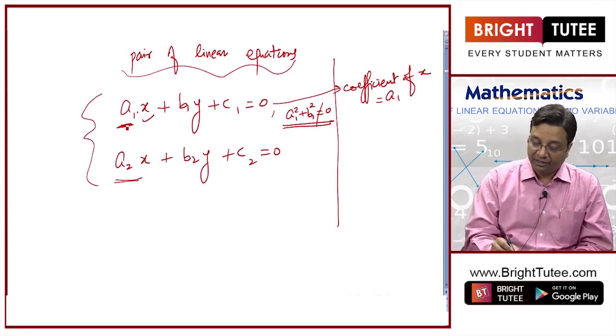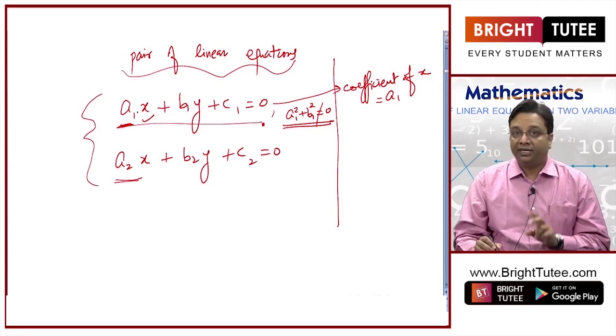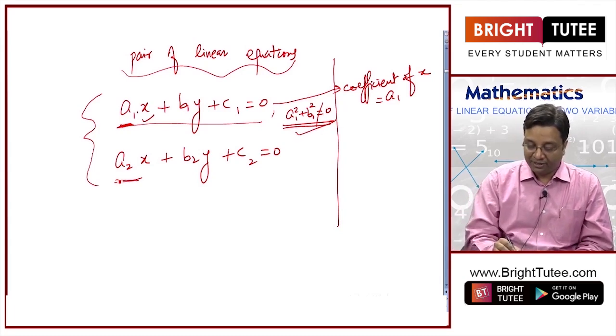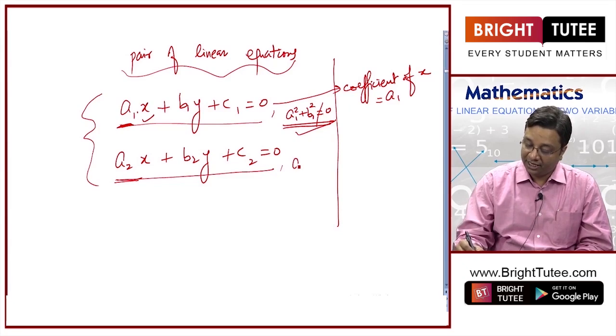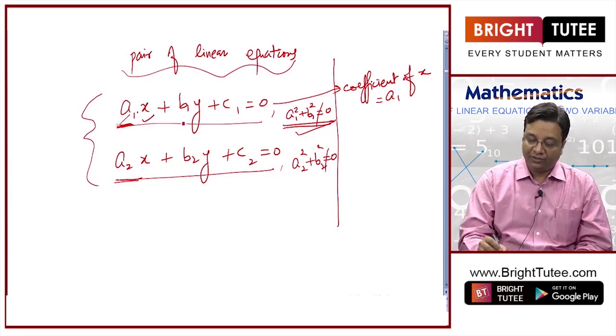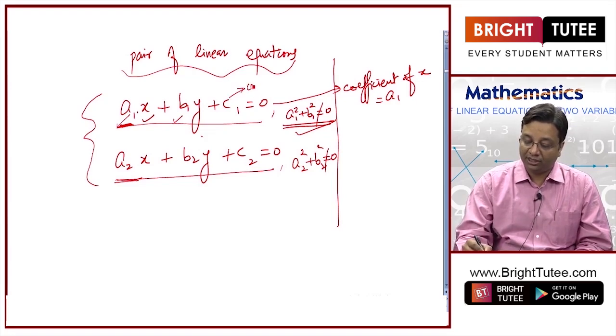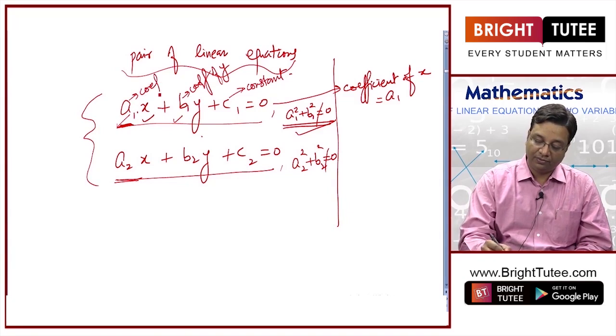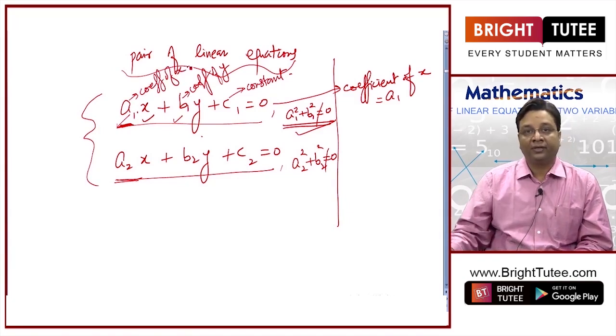If this is a linear equation in two variables, then this condition has to be satisfied. Similarly, for this equation we have to write a2 square plus b2 square is not equal to 0. a1 is the coefficient of x, b1 is the coefficient of y in this equation, and c1 is known as the constant. This is the coefficient of y, this is the coefficient of x. Okay.